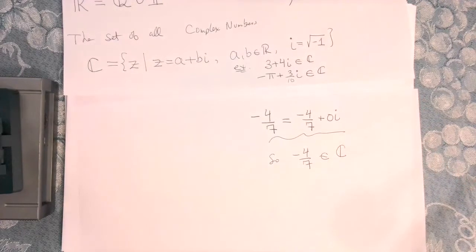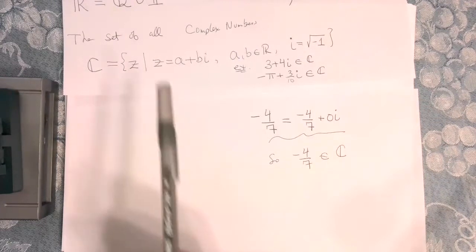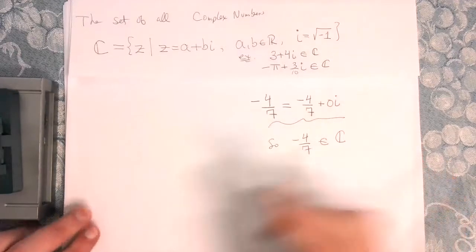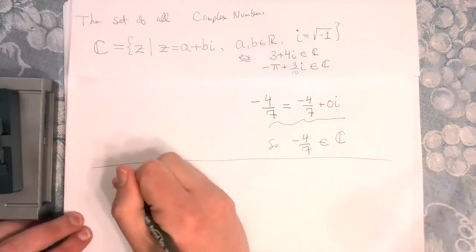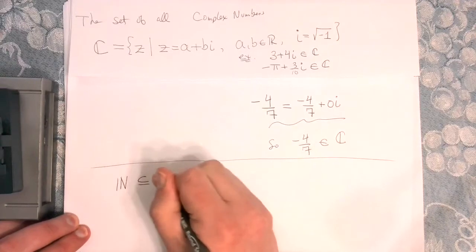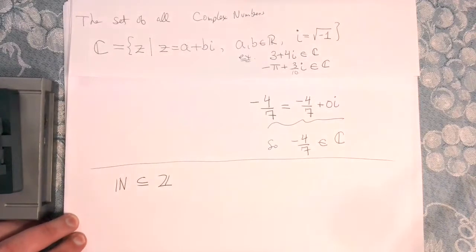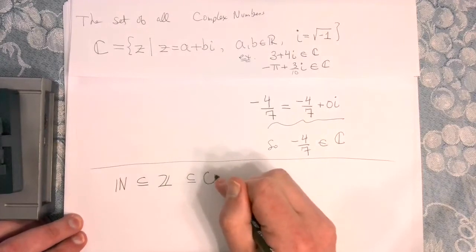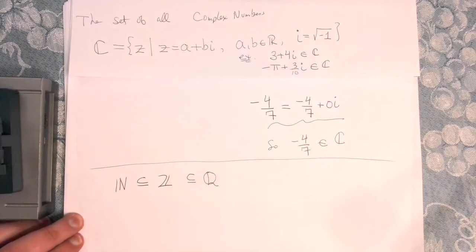So yeah, any real number is also a complex number, or belongs to the set of complex numbers. So we get the following chain of subsets. The set of natural numbers, we said earlier, is a subset of the set of integers. And the set of all integers is a subset of the set of rational numbers.